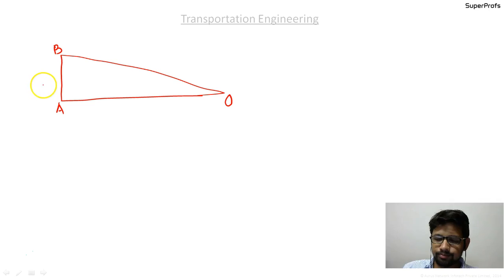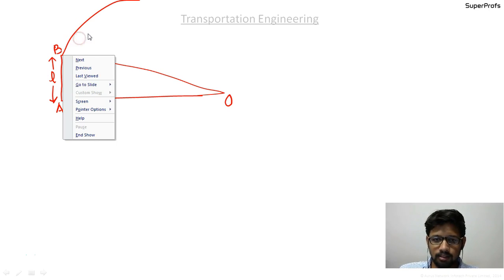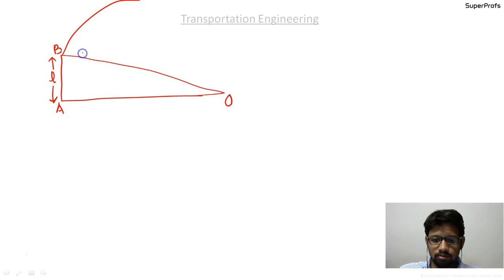This is our vehicle, having length L. From here the front wheel takes this path, and the rear wheel takes this path.